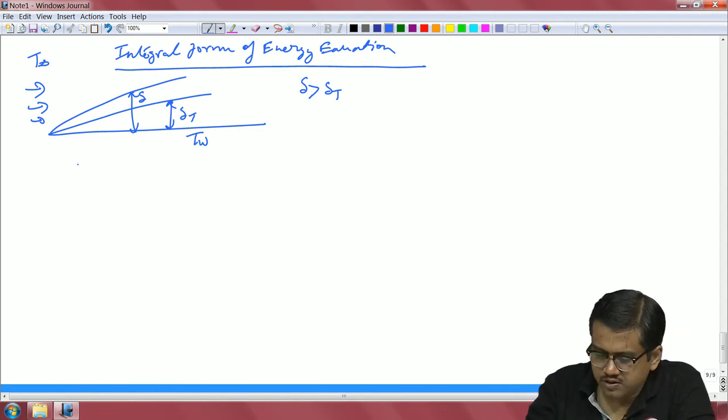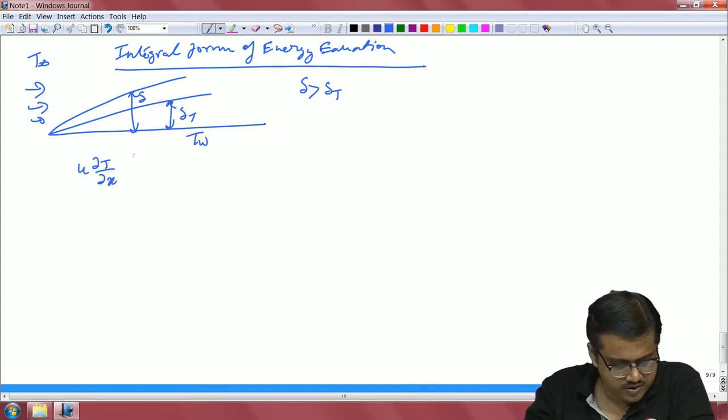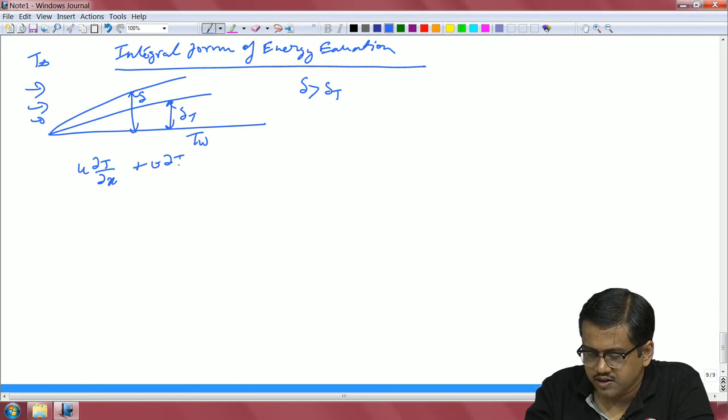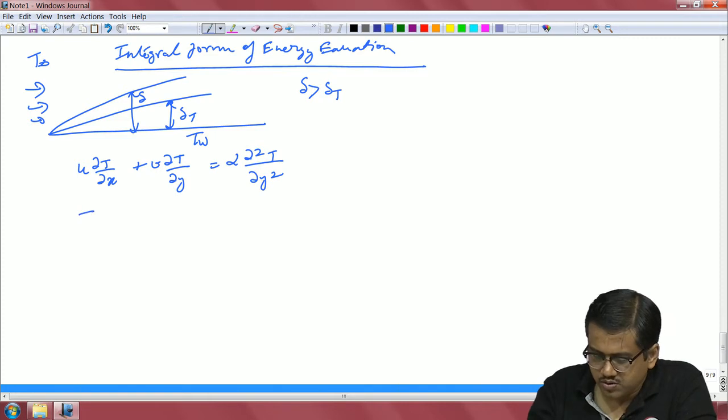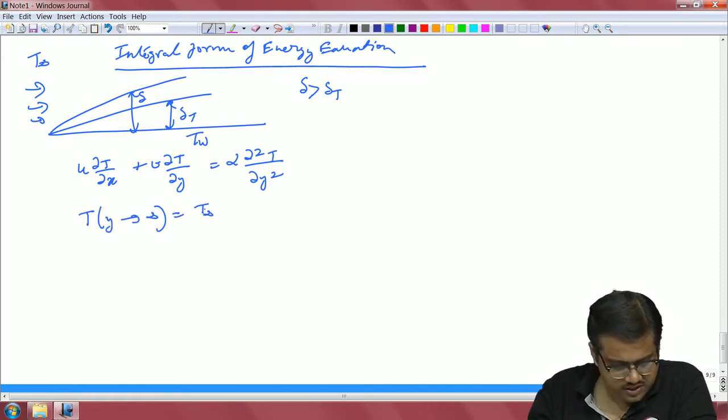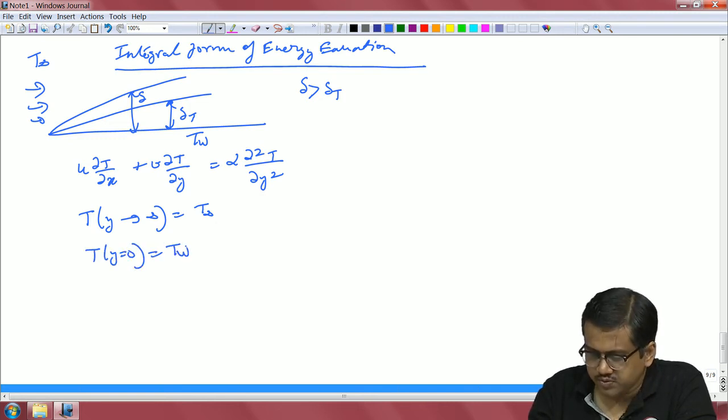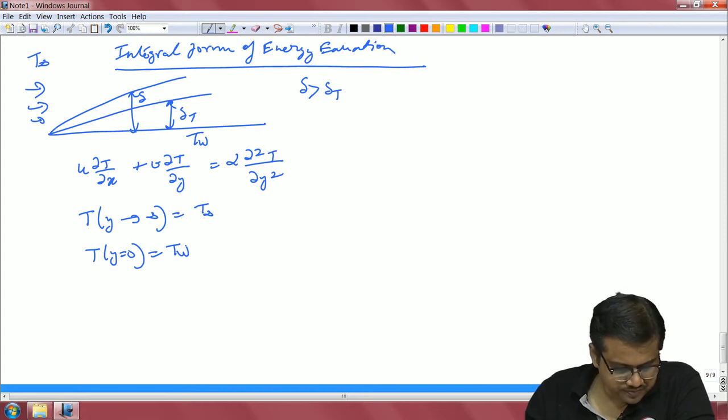So, u dT/dx plus v dT/dy, that was the expression that we initially had. T as y tends to infinity is basically T infinity, and T at y equal to 0 is Tw, that is the wall temperature.